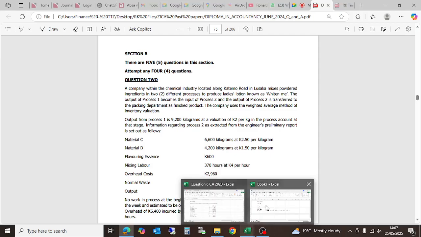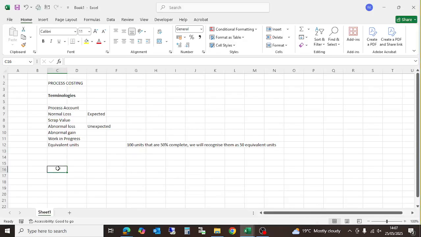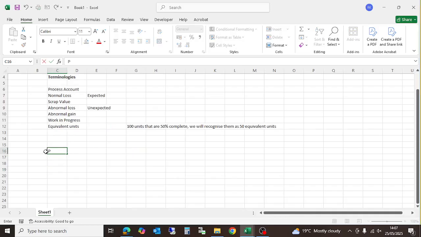So let me just type in my data. Let's say process two data. I want to have all the information at my disposal so that it's very easy. I don't want to pick the information from the question. So input is 9,200 kgs at 2 kwacha per kg. This is the input that we got.